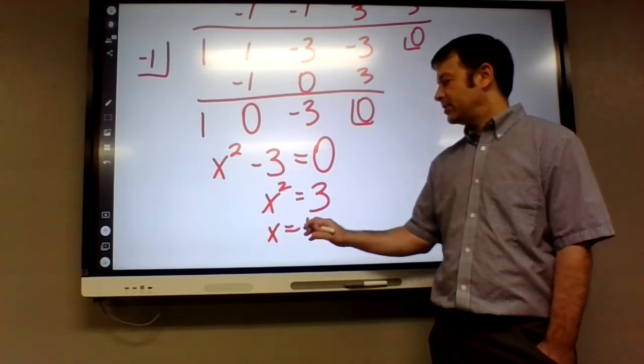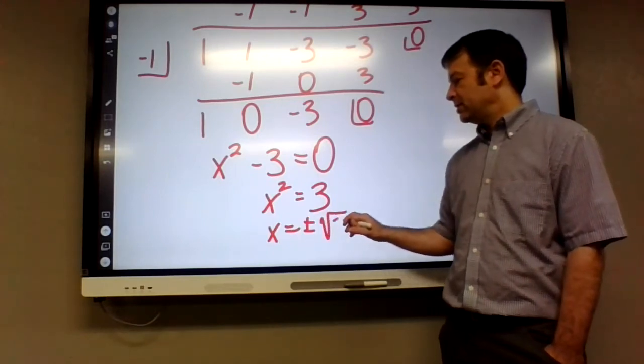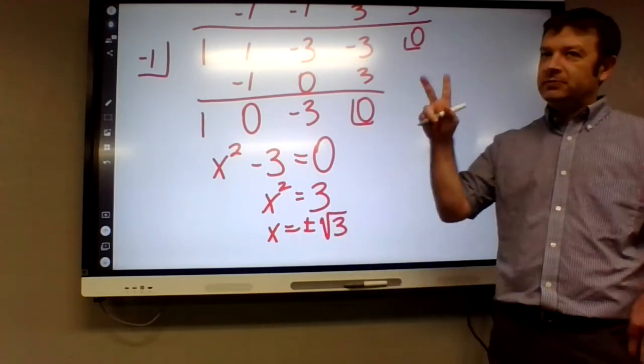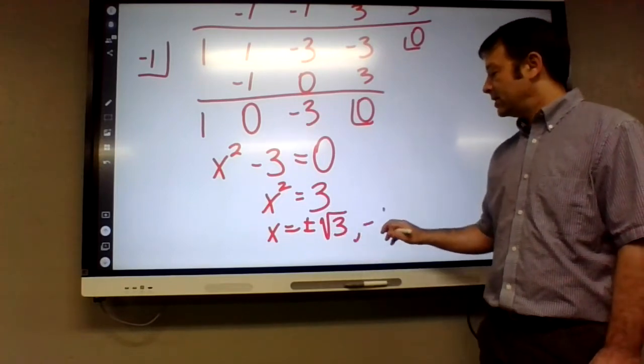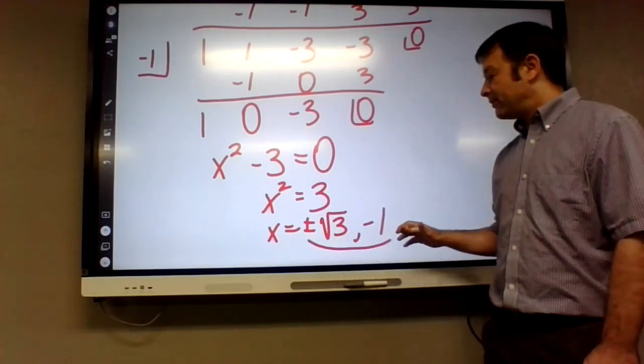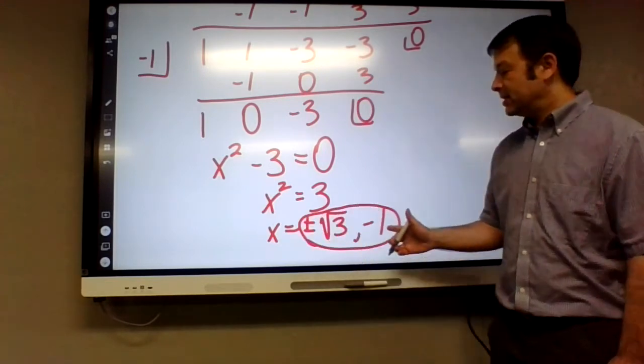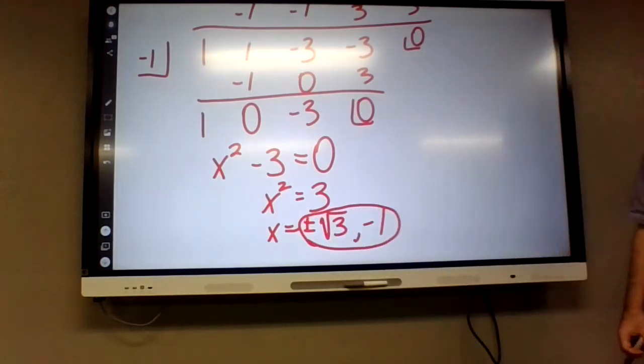Plus or minus square root of 3. So our 4 quote unquote answers are plus or minus square root of 3, negative 1. It's not really 4 answers, there's only 3 answers because negative 1 is a double root. Okay, 20 is similar to that one.